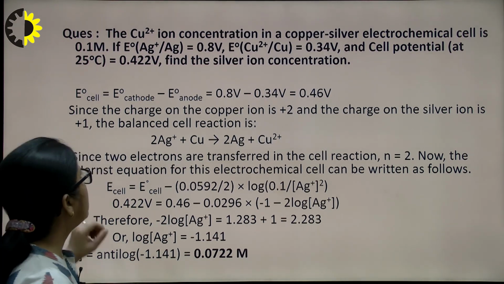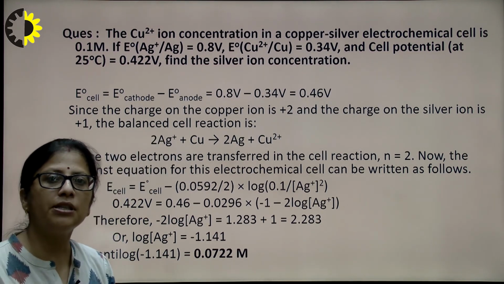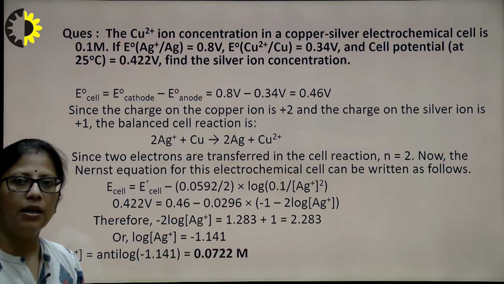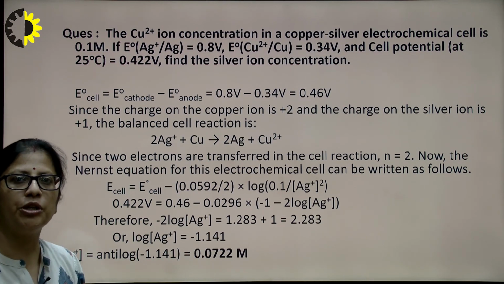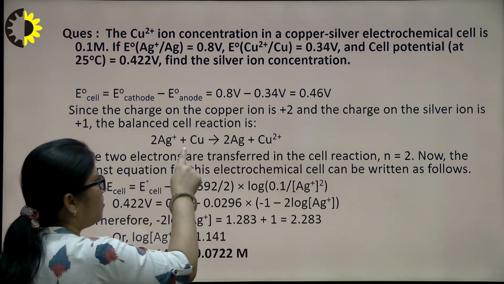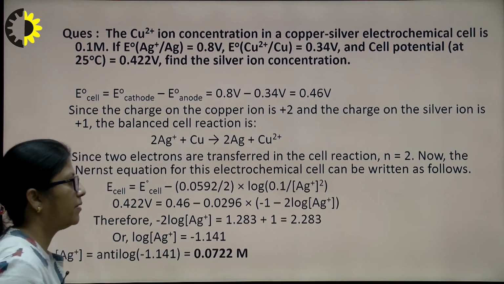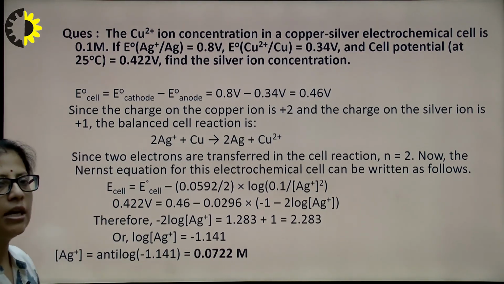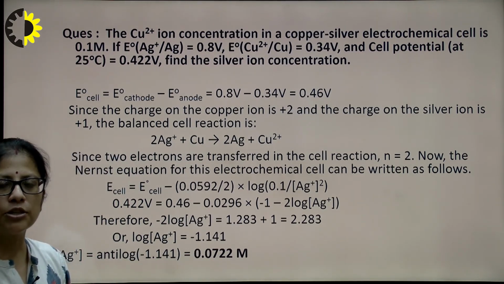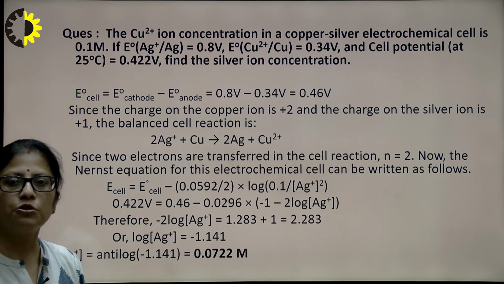Now, since the charge on the copper ion is plus 2 and the charge on the silver ion is plus 1, therefore, the balanced cell reaction will be 2Ag plus copper will give you 2Ag plus copper 2 plus. Now, the 2 electrons are transferred in this cell reaction. Therefore, the value of n will be taken as 2.